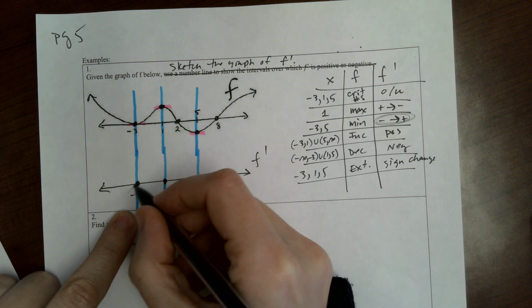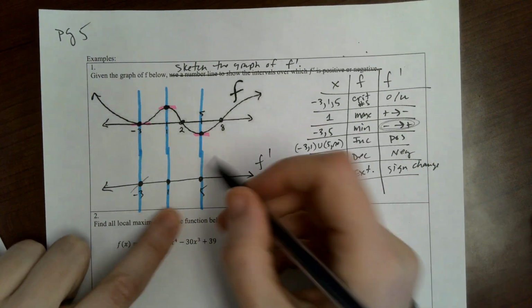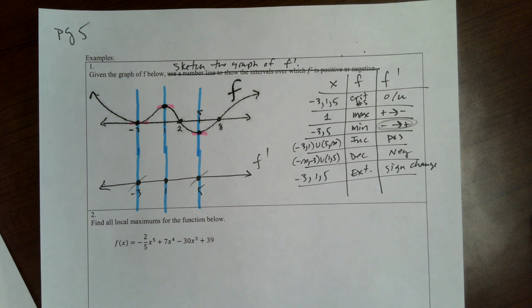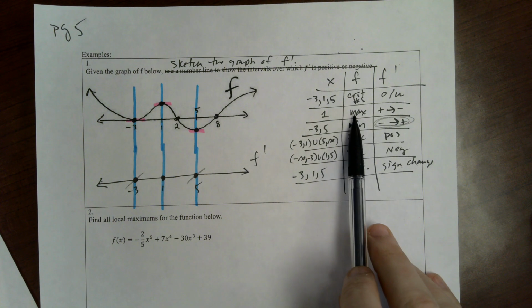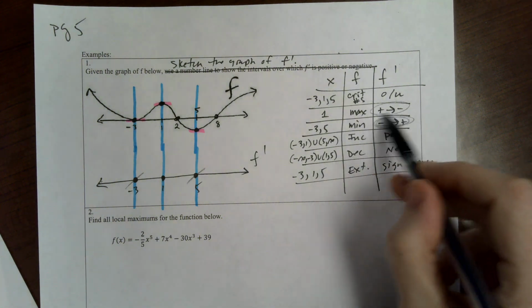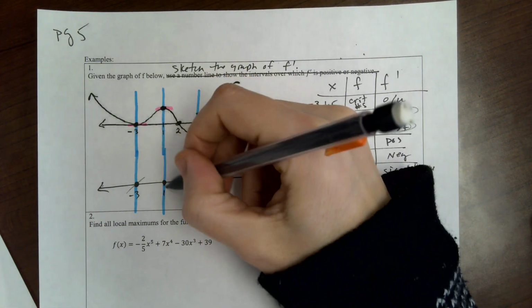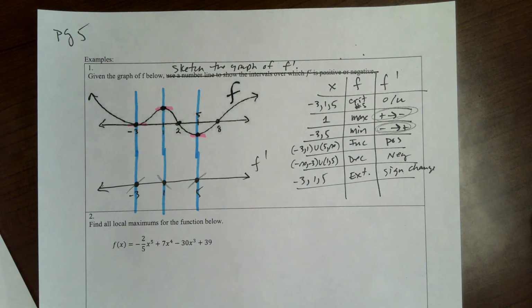So let me do just like a little, I'll go like that. Okay, going from below to above. And then at 1, we're having a max, so I need to show that feature on my graph from above to below. So like that.